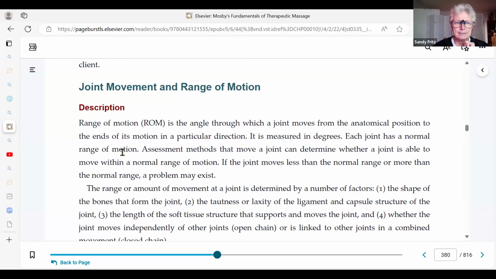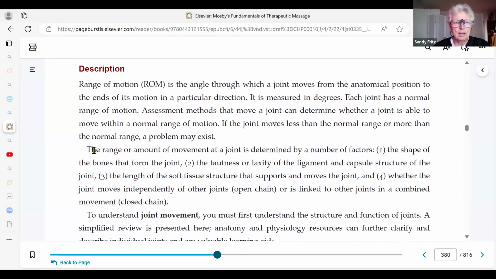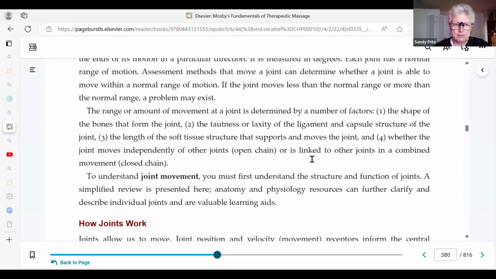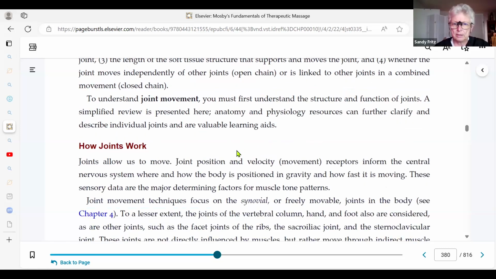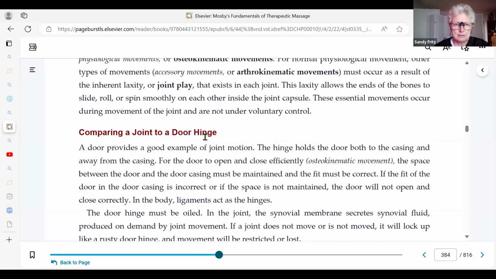So each joint has a normal range, and this is discussed in the Essential Science book as well. How much range there is is determined by a bunch of factors here, and whether it is an open chain or a closed chain. And to understand this, we need to review joints. So that's what this is.